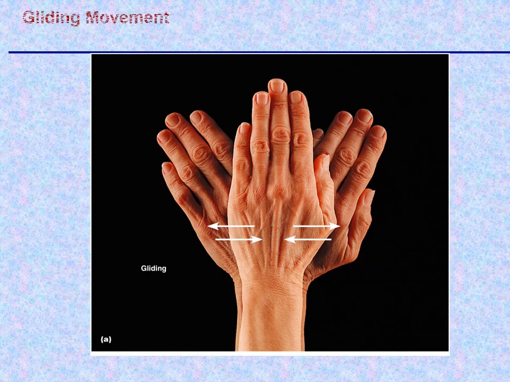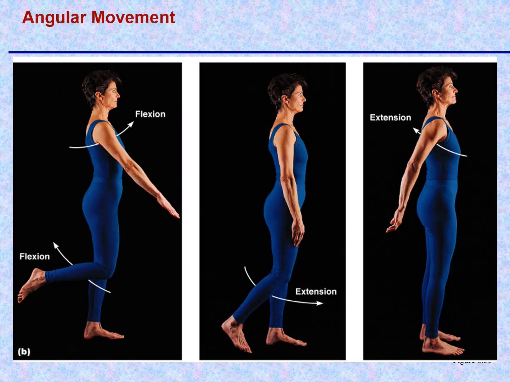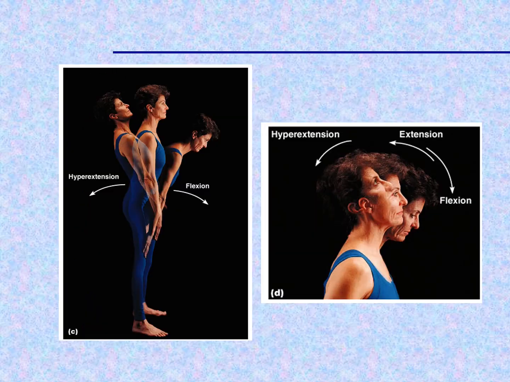And here we see examples of a gliding type of movement. This is flexion, in this case, of the joint, using the upper leg muscle. Contracting the upper leg muscle will cause flexion, and relaxing is extension. Here you have hyperextension.